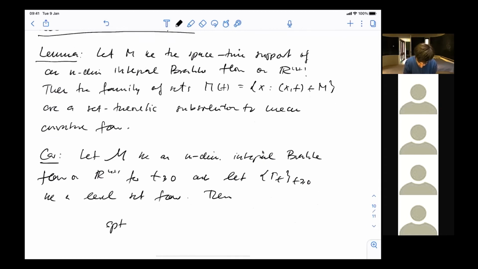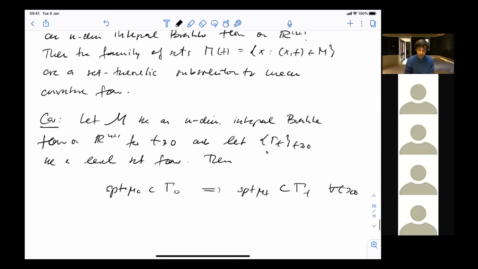If the support of the initial measure is contained in Gamma_0, then the support of mu_t is contained in Gamma_t for all t greater than 0. So in some sense, what you have to understand here is that this level set flow is kind of the union of all possible Brakke flows, or in some sense that's some of the hope, or at least it can be used as some kind of measure of uniqueness.